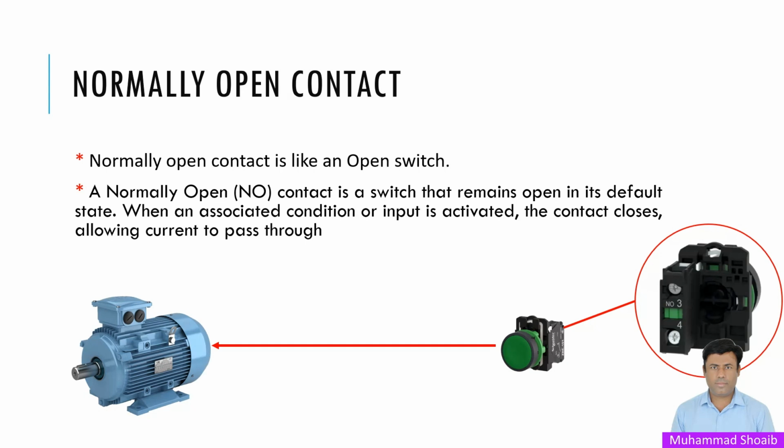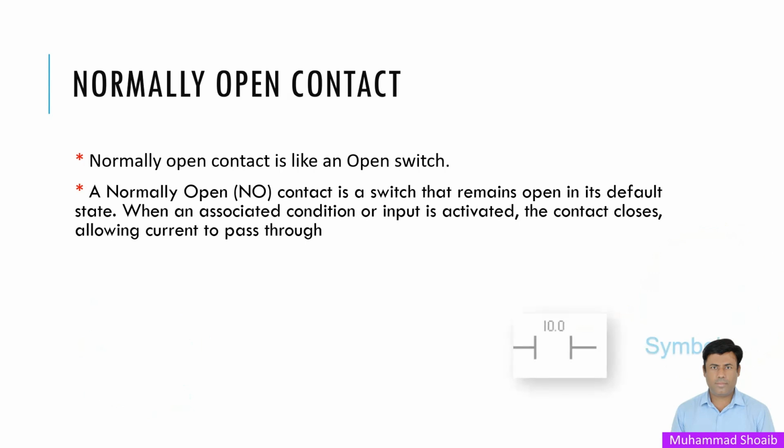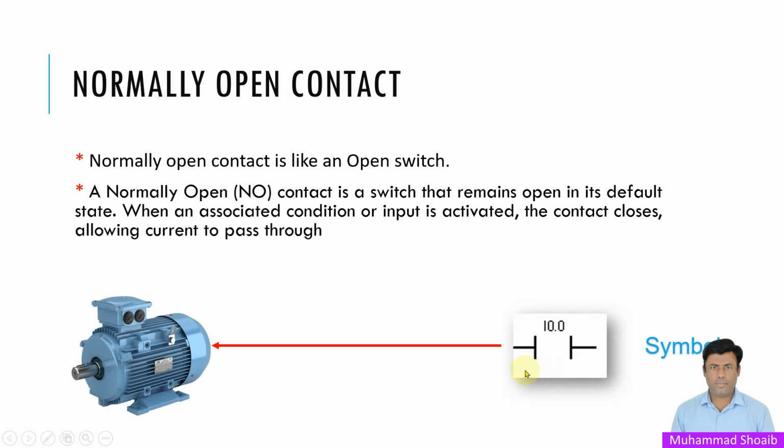Once we press and our input is on, then it will pass the current and it will turn on the output. In PLC programming, we use this symbol as a NO contact, and if we want to turn on the motor with a NO contact, we use the same symbol.